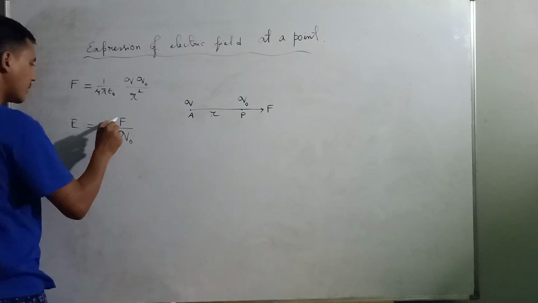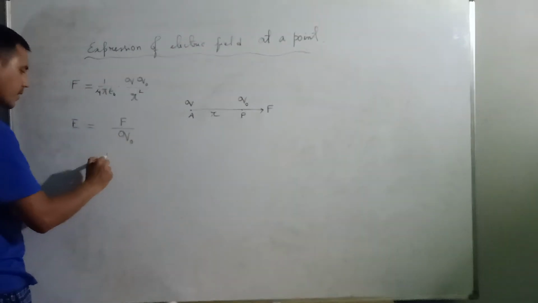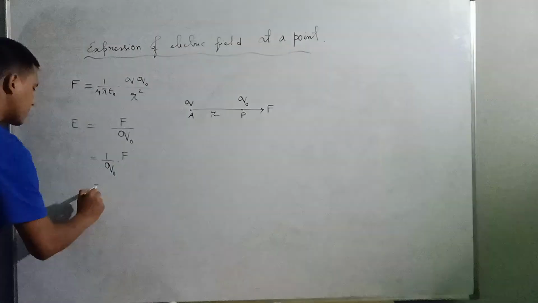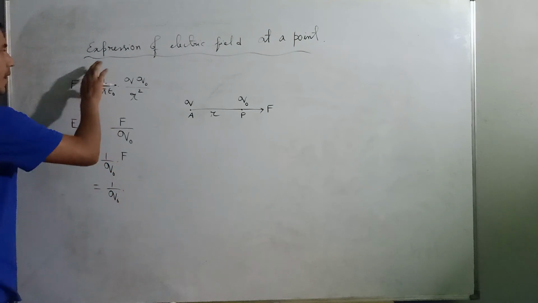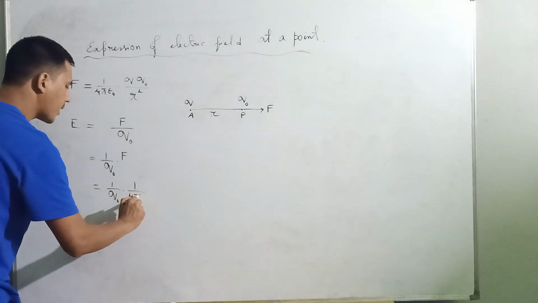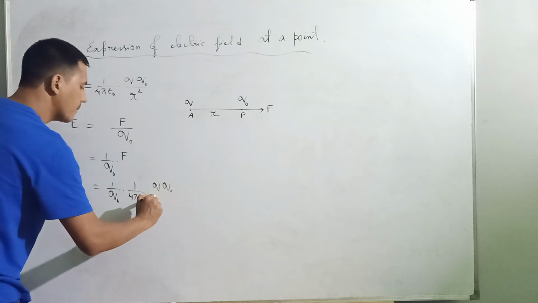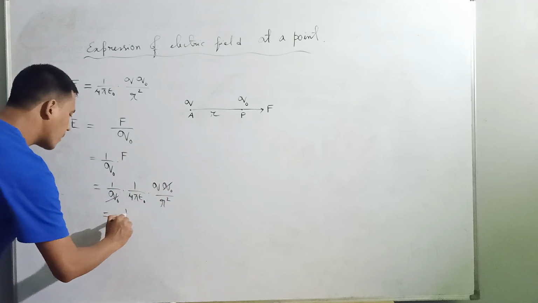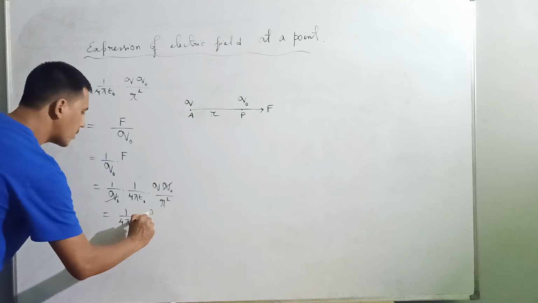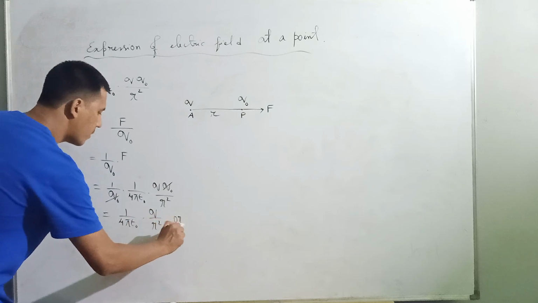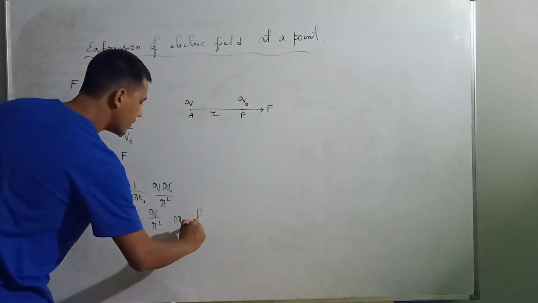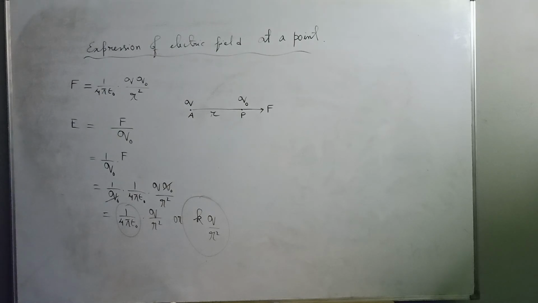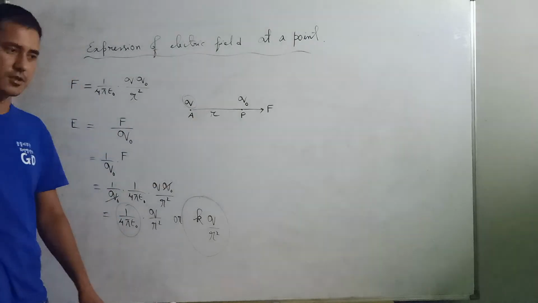So F upon Q naught, can I write 1 by Q naught times F? No problem. So 1 by Q naught times F, your F is 1 by 4 pi epsilon naught into Q Q naught upon R square. Q naught can cancel out. So we have 1 by 4 pi epsilon naught into Q by R square. Or 1 by 4 pi epsilon naught is K. So KQ upon R square. So this is the expression for electric field at any point due to a source charge.